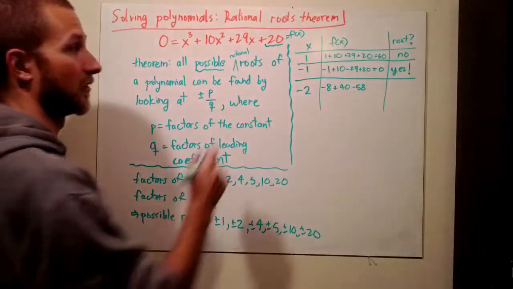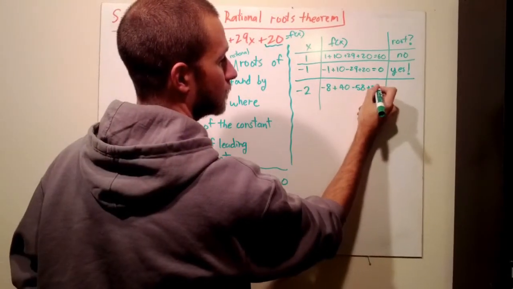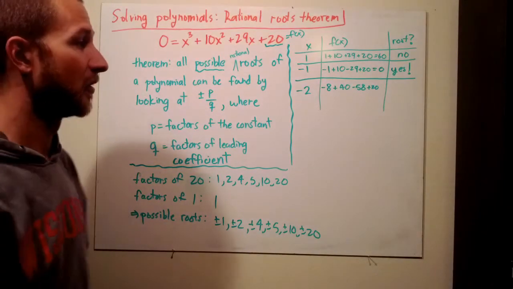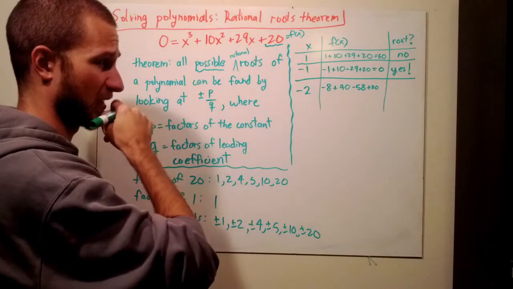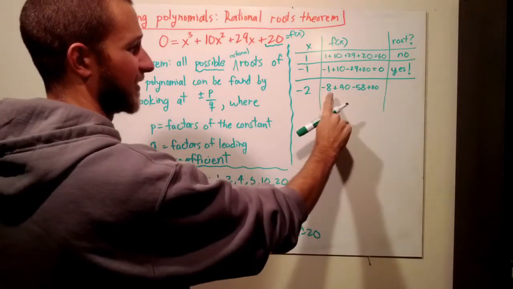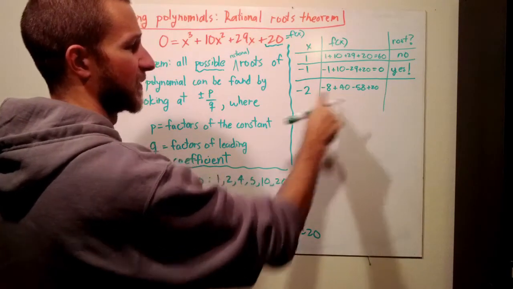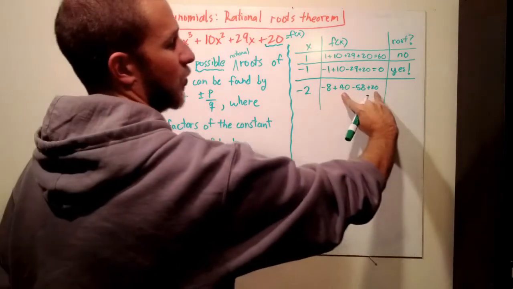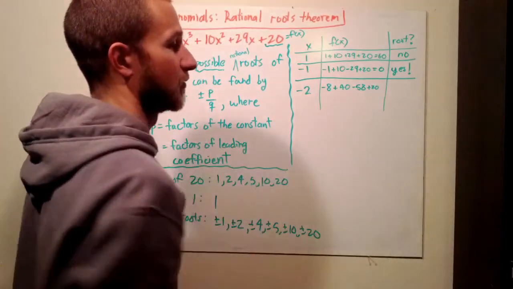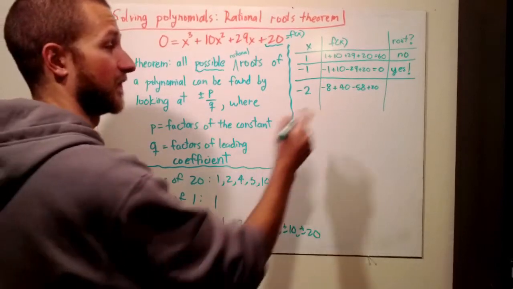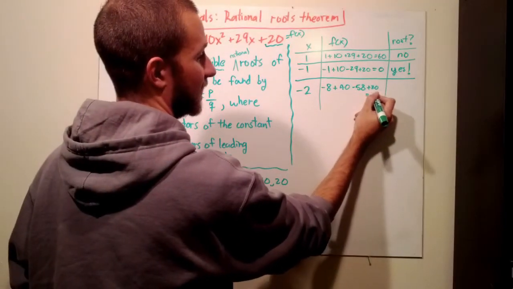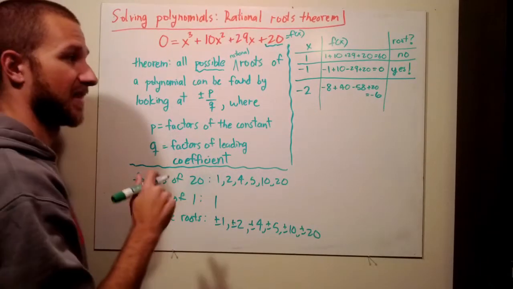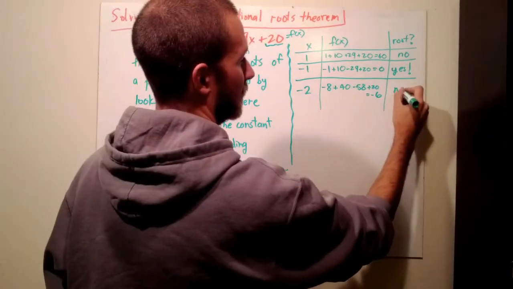And then I add 20. So it's getting a little bigger here. I'll try to do this in my head. Let's see, negative 8 plus 40 gives me a positive 32. I'm going to do 32 plus 20 to give me 52, because then 52 minus 58 is easier to do. It gives me negative 6. So it wasn't too bad there, but since it's not 0, it tells me no.